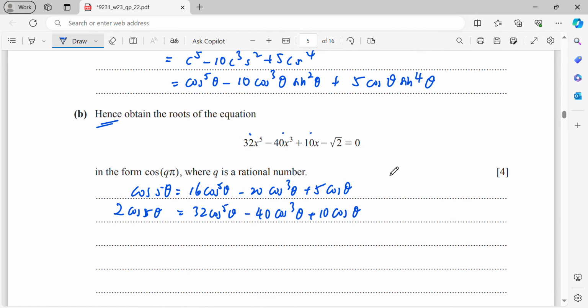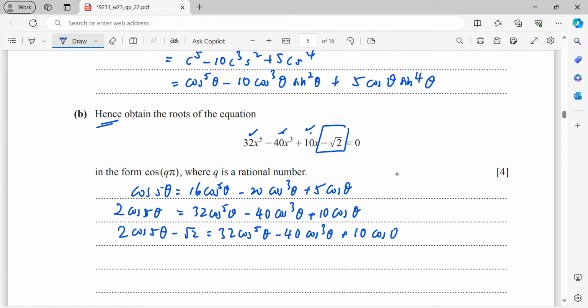Okay, so now from here, I will say that I subtract, because right now I'm getting the same coefficients, but I have an extra minus square root 2. So I subtract square root 2 from both sides. Then from here, I would just say x equals cos theta.